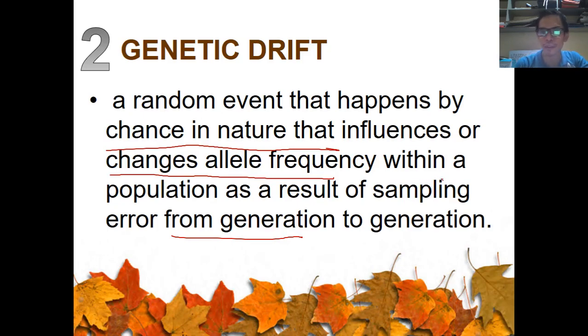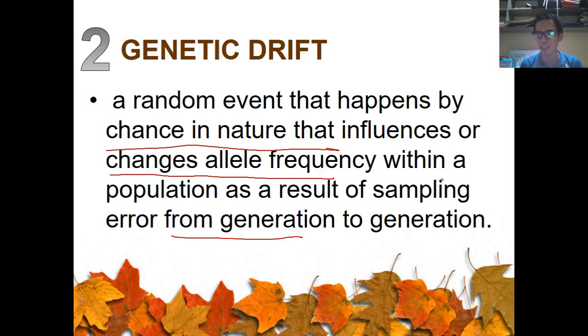So what is this random event? Like an earthquake, a man-made event, an asteroid impact on Earth, a hurricane, or a volcanic eruption. These are some random events present in nature that influence changes in the allele frequency.